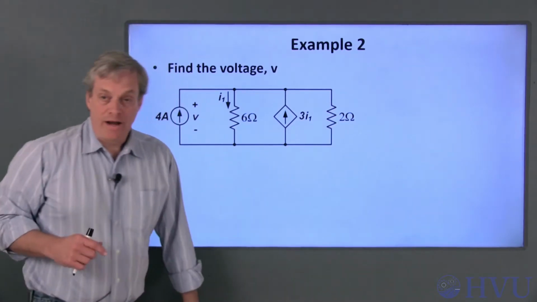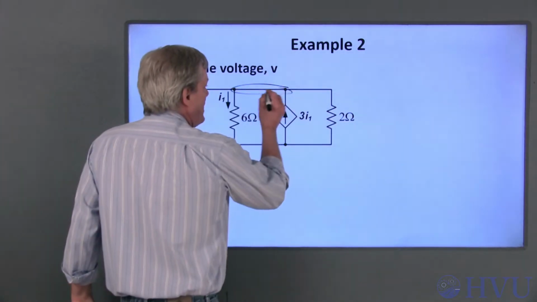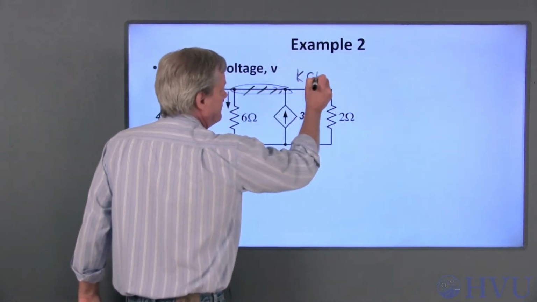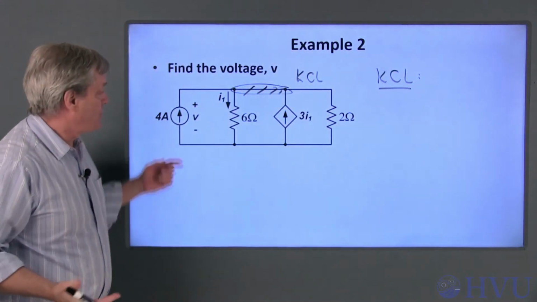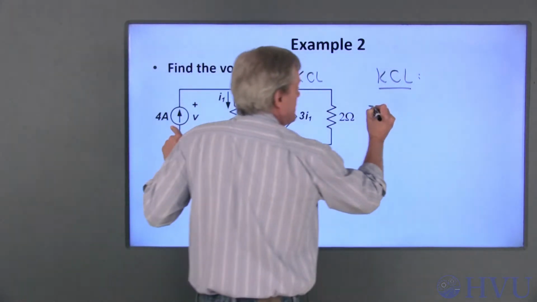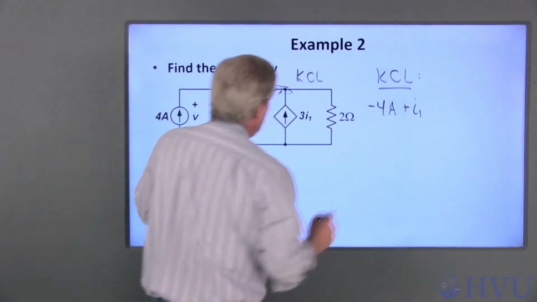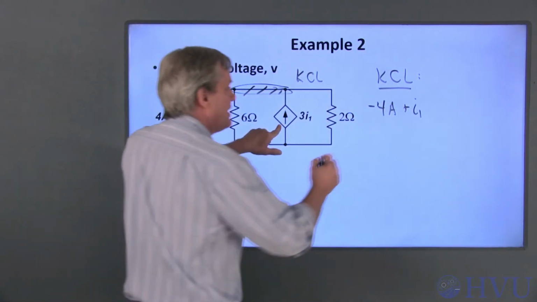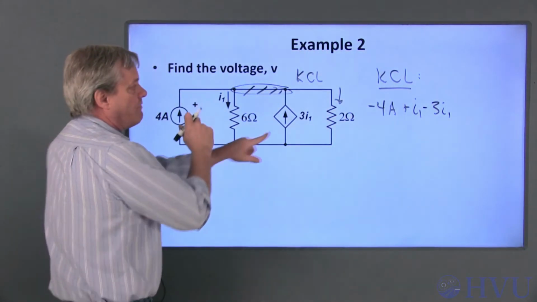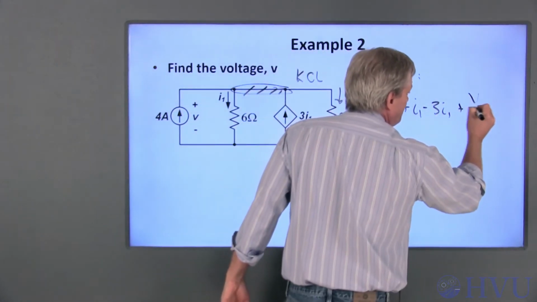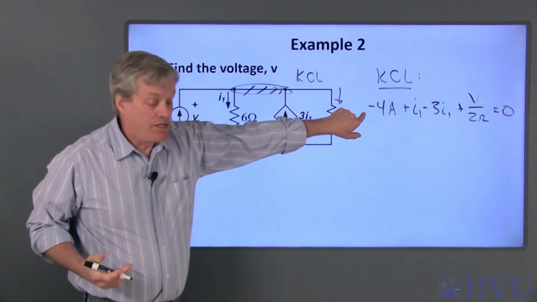All of these elements are in parallel, so they all share the same voltage difference V. If I do KCL at this terminal and assume that positive currents are leaving that node, this becomes a negative 4 amp contribution plus I1 is leaving the node minus 3 times I1 plus this current, which is just V over 2 ohms. That sums to 0. I have one equation and two unknowns.